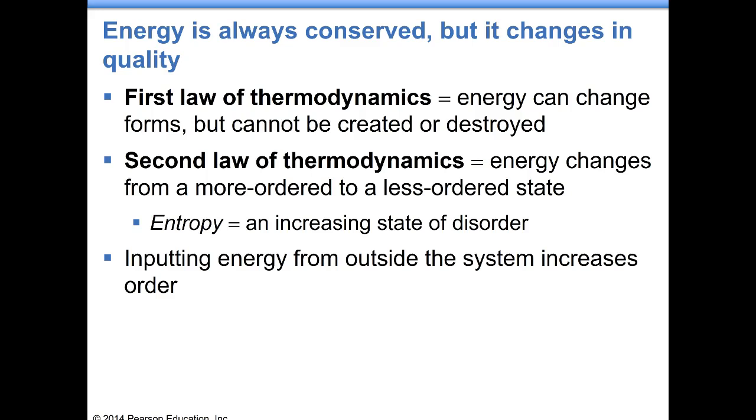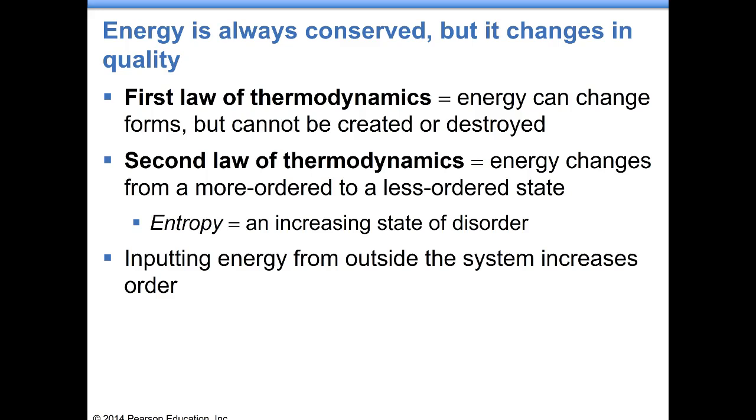If we have energy that comes in the form of heat, it cools down into something else. The second law of thermodynamics is that energy changes from a more ordered to a less ordered state. We often refer to this as entropy, which is an increasing state of disorder.